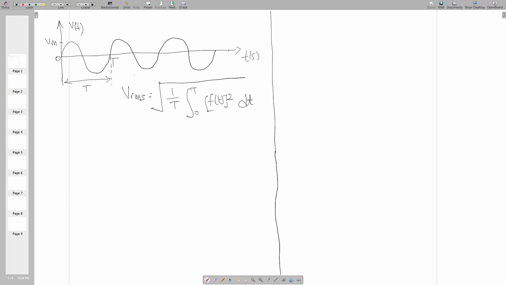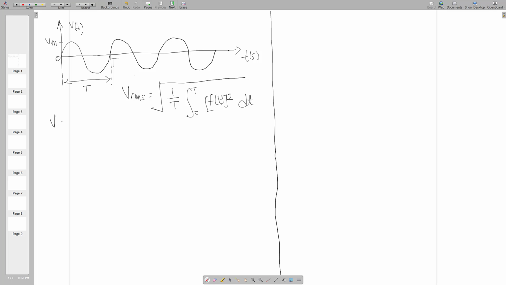So in this case we would have to find the function of this sine wave, square it and integrate from 0 to T. After that, we divide by the period of the whole cycle. We take the square root and then we will get the value for the RMS.